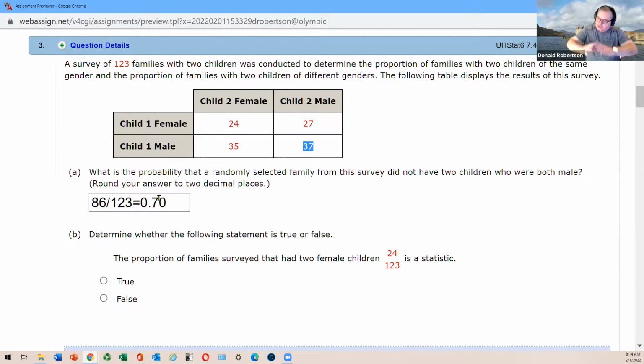If that table was really big, like it had 8 rows and 5 things in each row, wouldn't it have been a lot easier just to find the one number and take it away from 1 than to add up all the other numbers in that huge, big, ugly table? Right? So the strategy is that sometimes it's easier to find the thing you're not looking for, 0.3, and subtract it from 1.